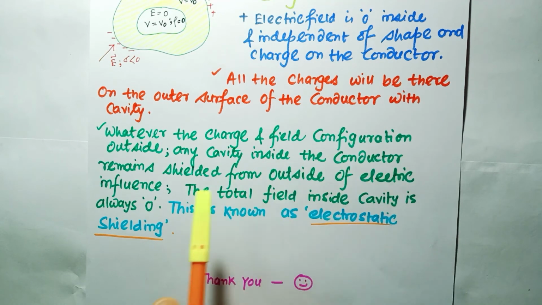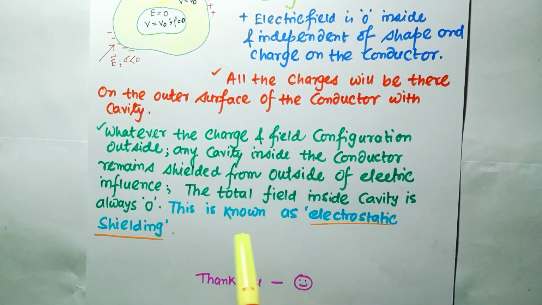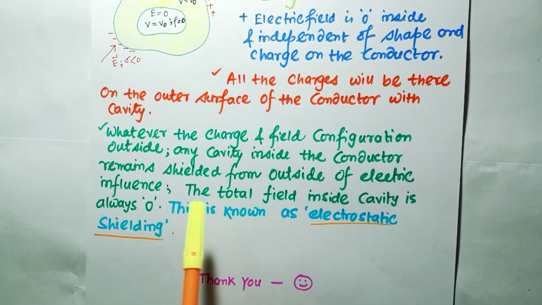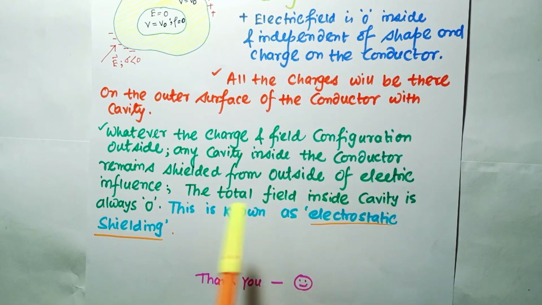So we can write that whatever the charge and field configuration outside, any cavity inside the conductor remains shielded, because if I put something inside this cavity, maybe some sensitive instruments which I need to save from the action of the electric field, you can see that they remain shielded from the outside electric influence.